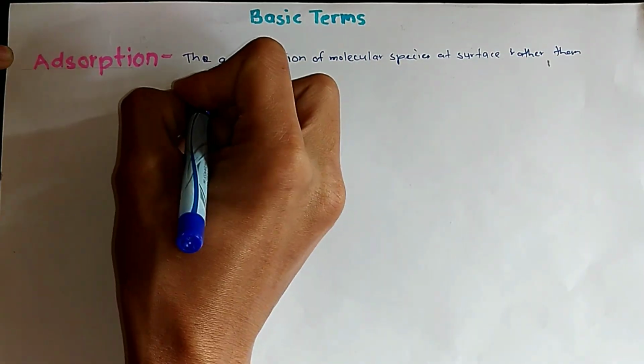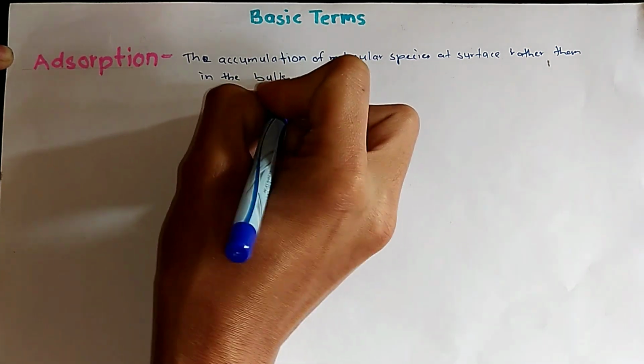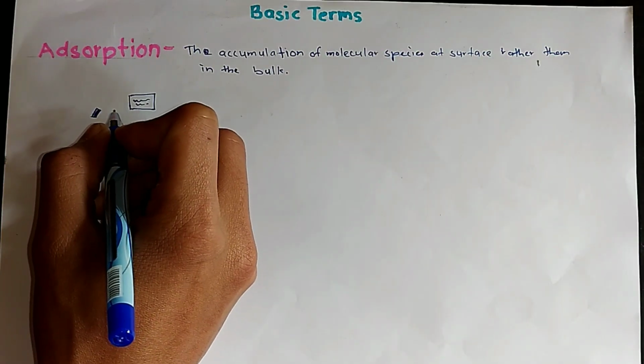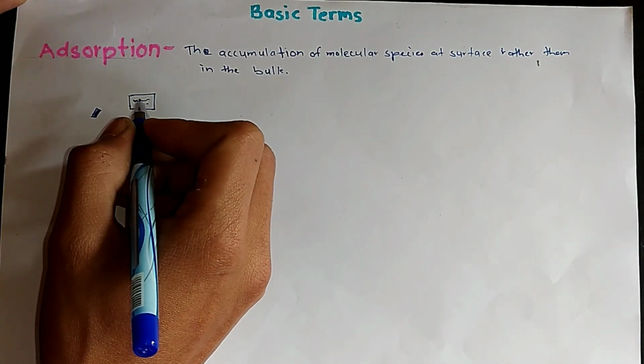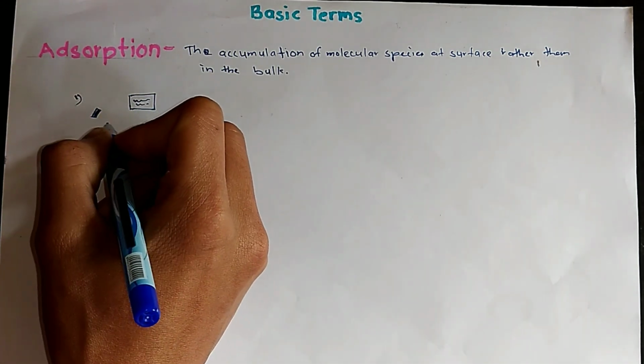It means the accumulation of molecular species at surface rather than in the bulk. We will understand with the help of some examples. The first example is blackboard and white chalk.